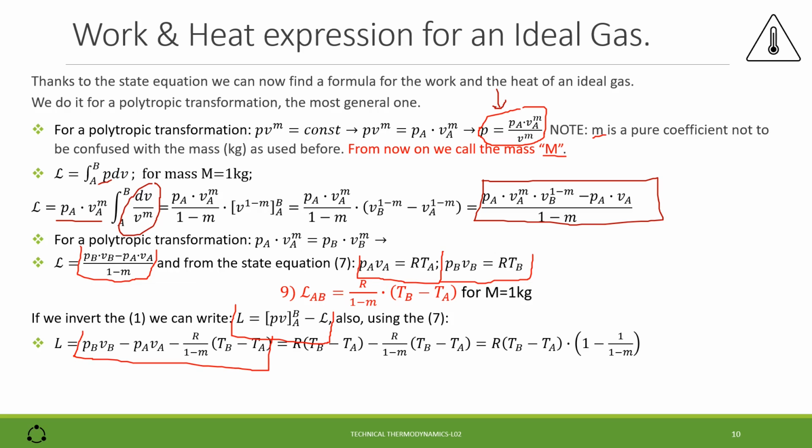And then if we work out this formula, we come to this expression, the number 10, valid for the technical work between the same states, always for the unitary mass.